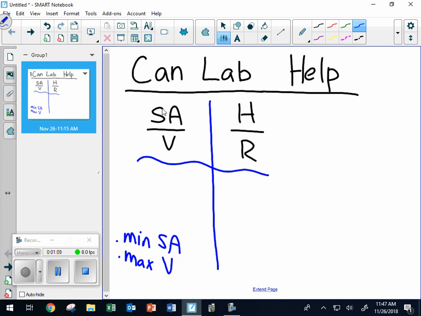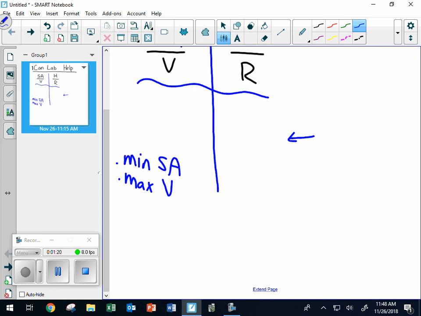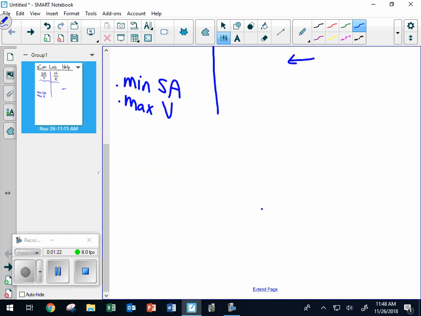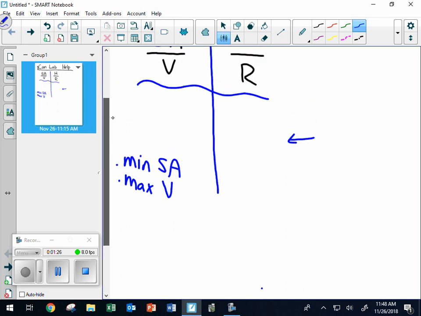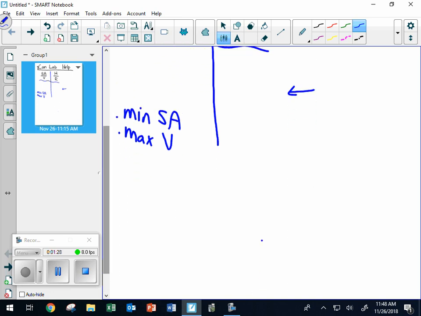Based off of that, look at what your height divided by radius value will be, and from that, you should be able to make some kind of prediction on what the optimal height to radius ratio is.